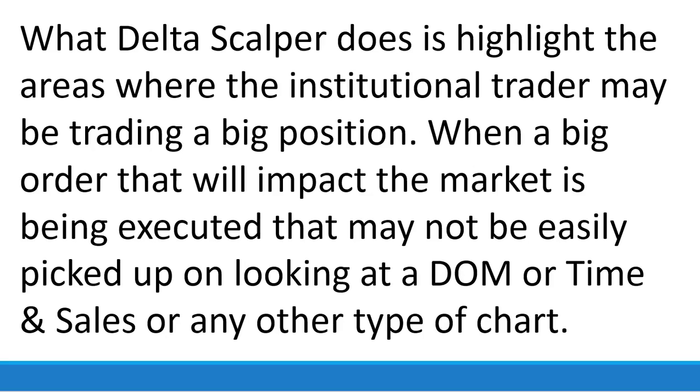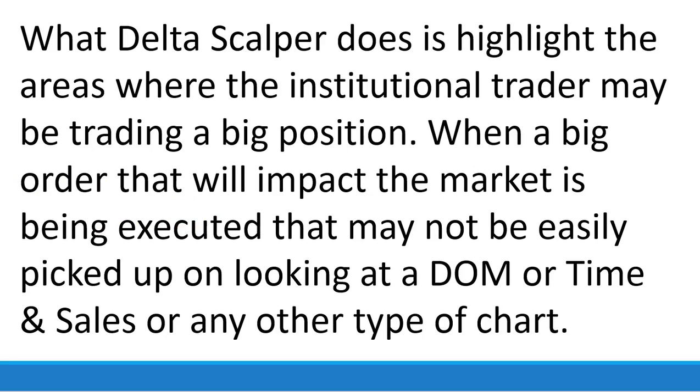On a DOM, you might be able to pick it up, but you've got to be staring at it, and you have to have experience looking at a DOM, I think, to pick it up. Time and sales, forget about it. It just scrolls so fast. You're seeing all these numbers going on. You might as well just be looking at raindrops falling down on your window on a rainy day.